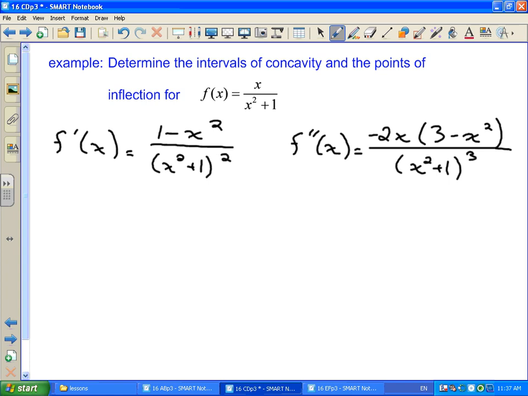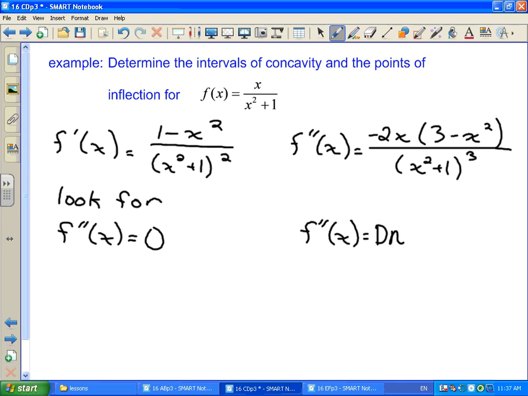So let's set about trying to find our points of inflection here. And what we want to look for, remember, is where our second derivative equals 0, or our second derivative does not exist.